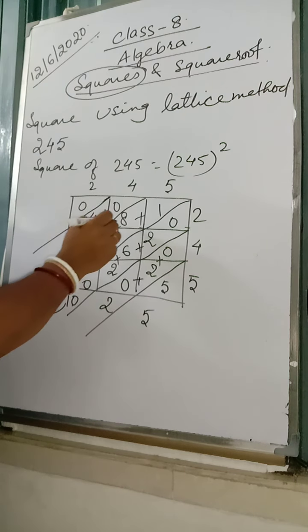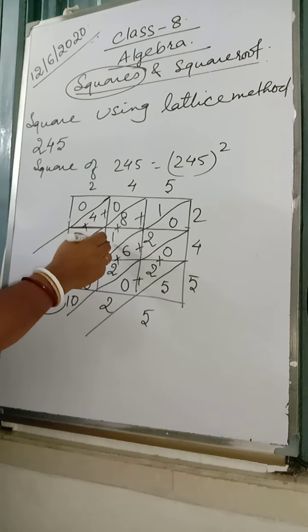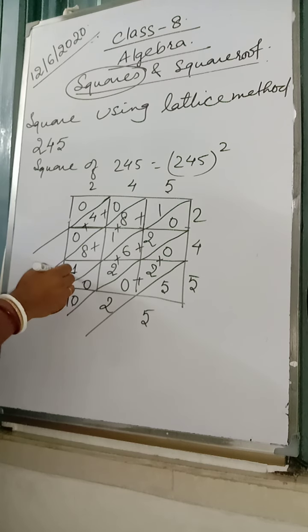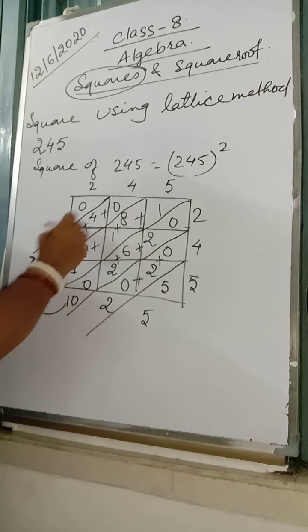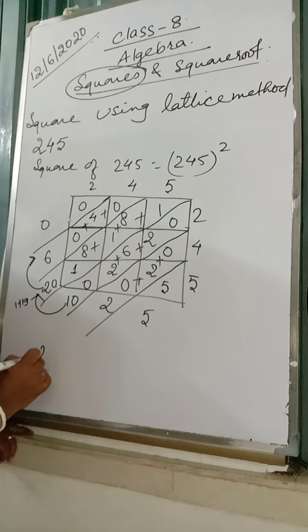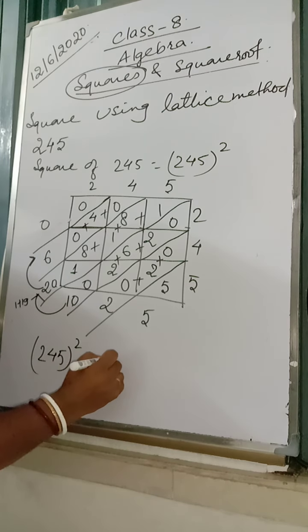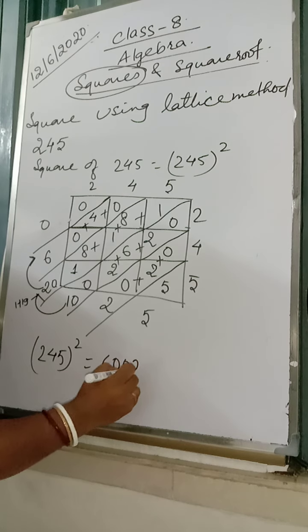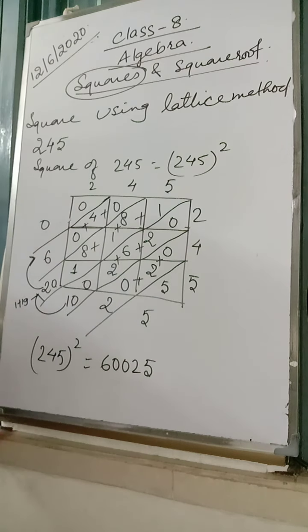Here you add 1 plus 8, 9 plus 1, 10 plus 8, 18 plus 1, 19 and plus 1, this is 20. So we write 0 here, then 2 will come here, 4 plus 2 is 6, there is 0, nothing. So what can we write? 245 square is 60025. Is it?